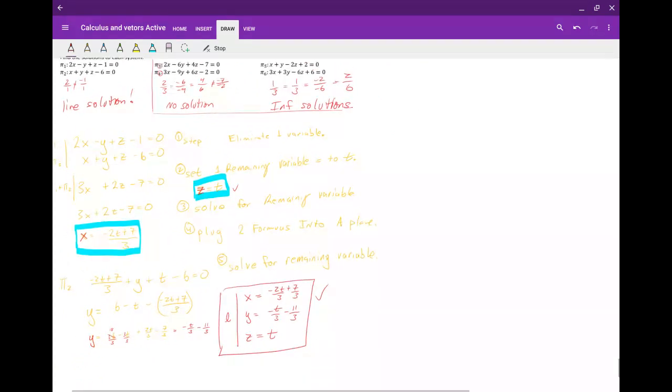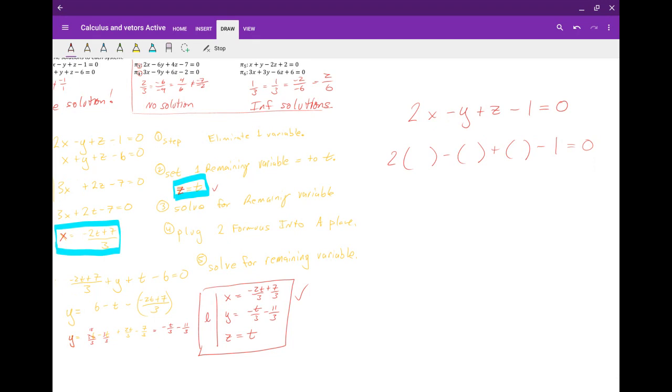Plane 1 is 2x minus y plus z minus 1 equals 0. I'm going to plug in my x, y, and z. You don't have to do this part, by the way. In a question, we've already found the answer. I'm just showing you that the answer is correct, meaning that this line is on this plane.